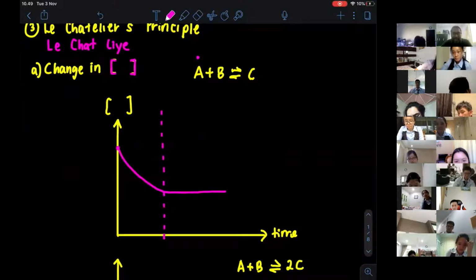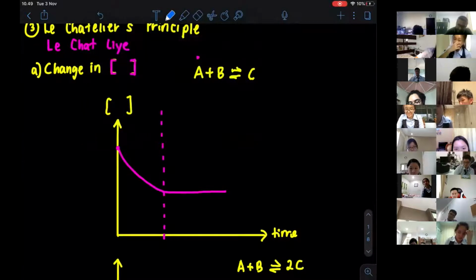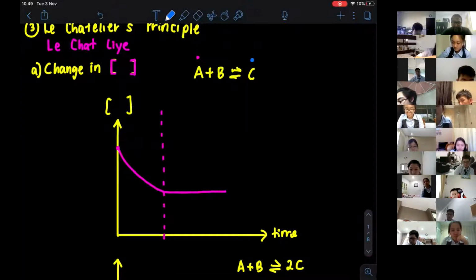Now, let's draw another graph to show my product C. Justin, at the beginning, when you react A and B, do you have product? Of course you have C, it's a product. You have reactants, you have products. At the beginning, when time equals 0, do you think you have product?